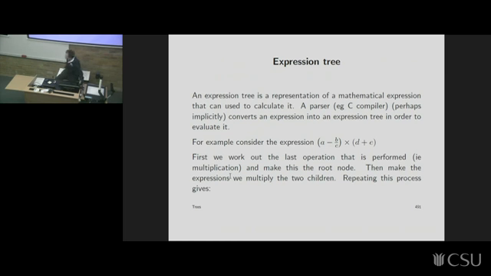So A minus B on C times D plus E. In order to evaluate it, it has to first understand what you've written on a piece of paper, essentially. What it does implicitly, rather than explicitly, is create a tree structure that corresponds to that. As it reads through the tokens of your line, it converts it implicitly into a tree structure.